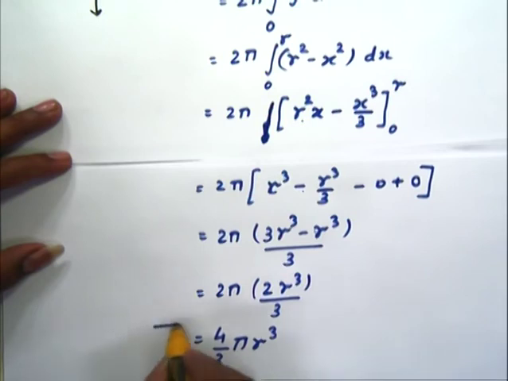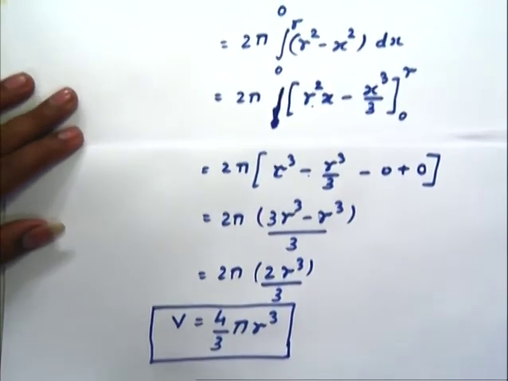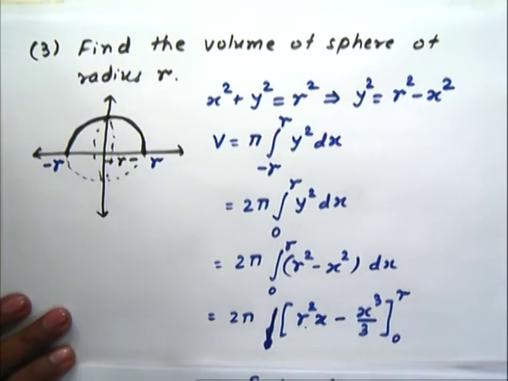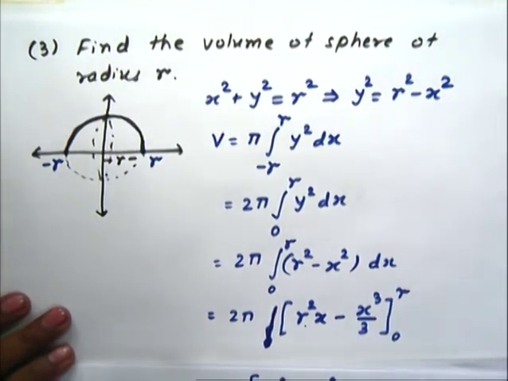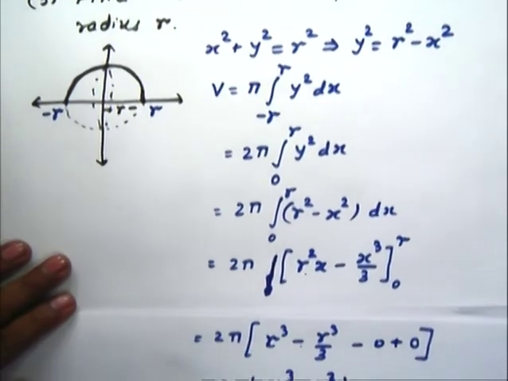So the volume is 4 by 3 pi r cube. So the volume of sphere with radius r is 4 by 3 pi r cube. Okay, I think you all have understood these things.